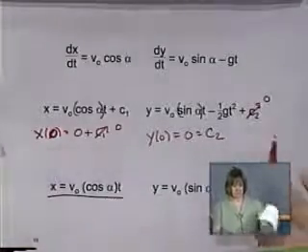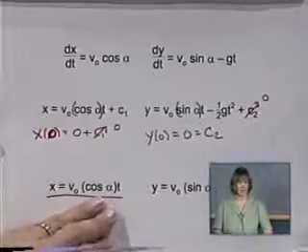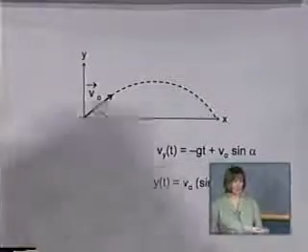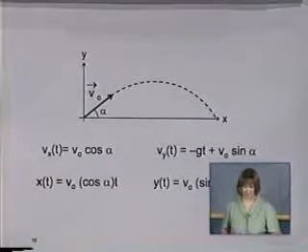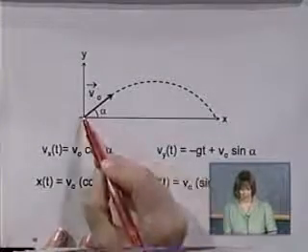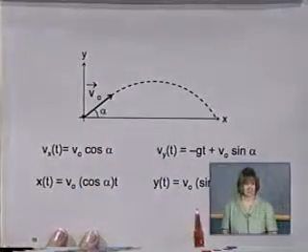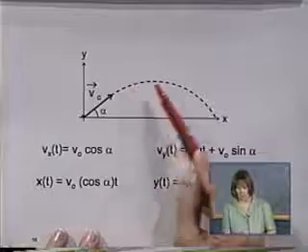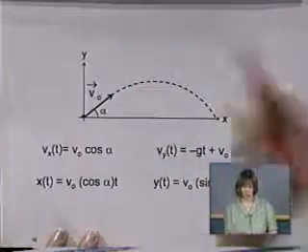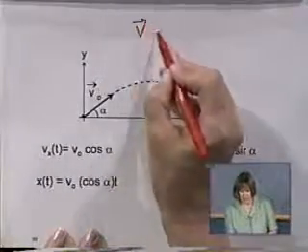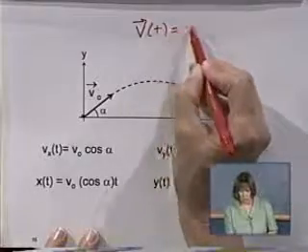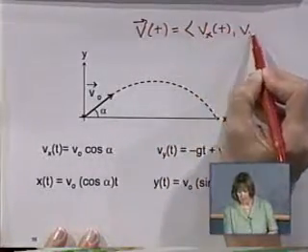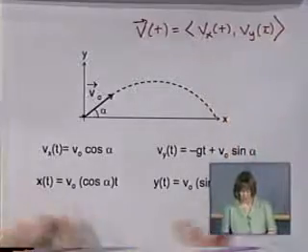Okay? So now it's time to take notes. What we have just derived is the following. If you have an object at the origin and you launch it up into the air and it goes up and it goes down, you have a velocity vector which I'm going to write as v sub x of t, comma v sub y of t.